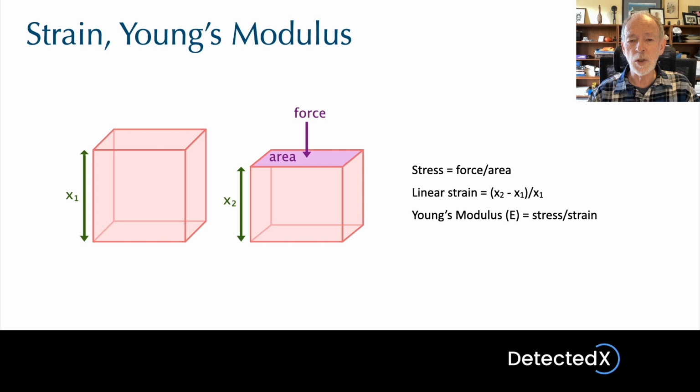And so Young's modulus also has units of pascals, because it's a measure of the stress divided by the strain. So Young's modulus characterizes the elasticity of tissues. If a tissue is very stiff, then there will be little compression, and so the strain will be small, and therefore the Young's modulus will be large.